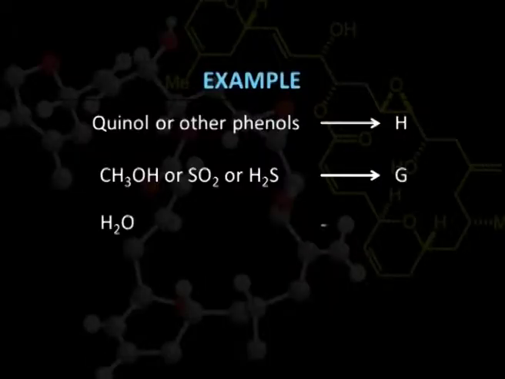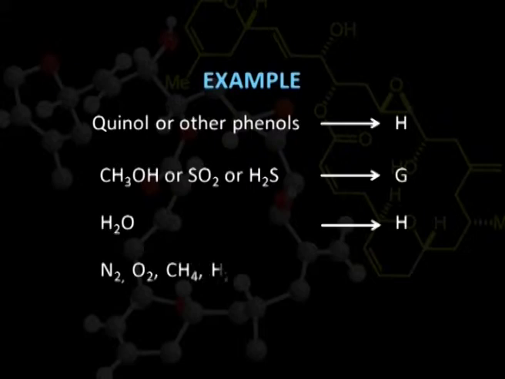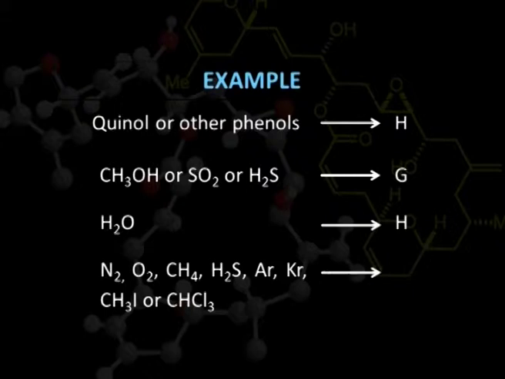Many examples of the clathrate compounds are known where water is acting as host molecule. Such clathrates are better known as hydrates. Gases like nitrogen, oxygen, methane and many noble gases can be trapped into the cavity of the hydrates.